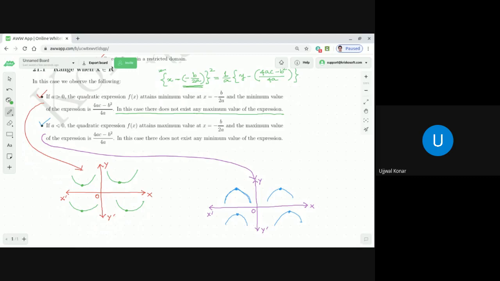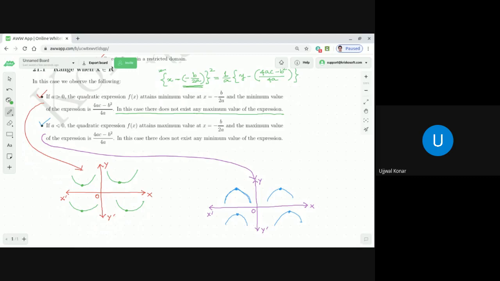If a is greater than 0, the quadratic expression f(x) attains a minimum value at x equal to minus b by 2a, and the minimum value of the expression is 4ac minus b square by 4a.